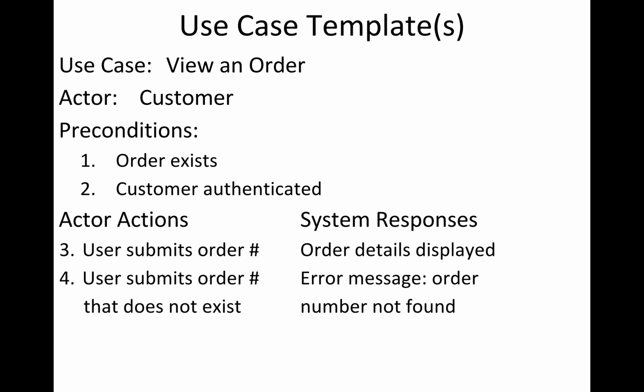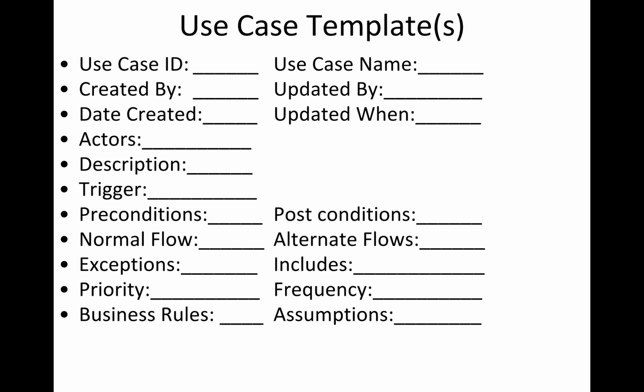And there could be some alternatives. The user submits an order number that does not exist. So the alternative would be an error message that the order number is not found. Obviously, this is just one little sample, but you could have 10, 15, 20 different steps to accomplish a particular use case. Here's another template.